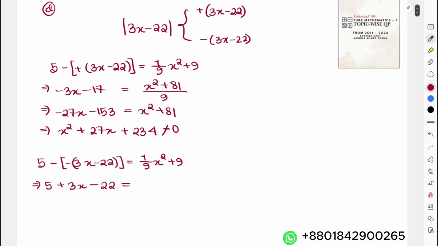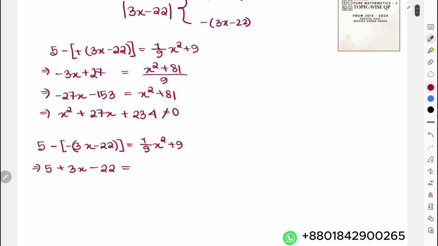Wait, I think I actually made a mistake over here. Minus and minus will make this plus, and this will be 27 actually. So this was supposed to be positive 27. Let me see if that creates any change. 9 multiplied with 27 is 243, positive 243, and this is positive 27. That's fine, but you have 81 minus 243, and that will be minus 162.